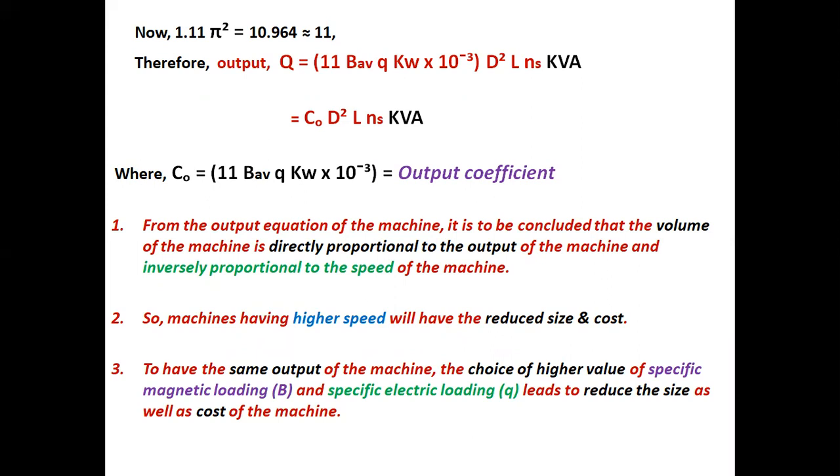Machines having higher speed will have reduced size and cost. 3. To have the same output of the machine, the choice of higher values of specific magnetic loading B and specific electric loading q leads to reduced size as well as cost of the machine.